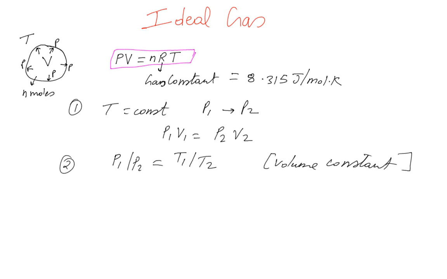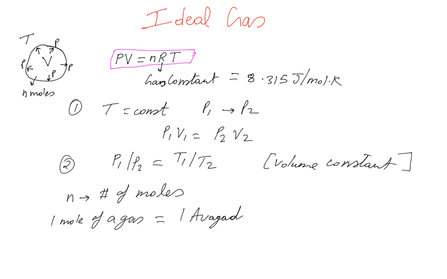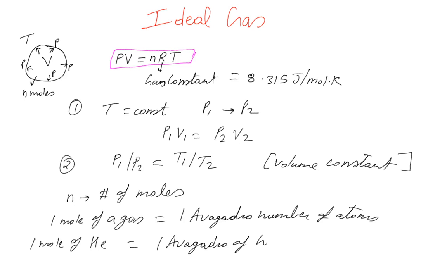Talking about n, it is called the number of moles. A mole, so 1 mole of a gas or anything actually, equals 1 Avogadro number of atoms, which means, let's say, if you have 1 mole of helium, it means 1 Avogadro number of helium atoms.